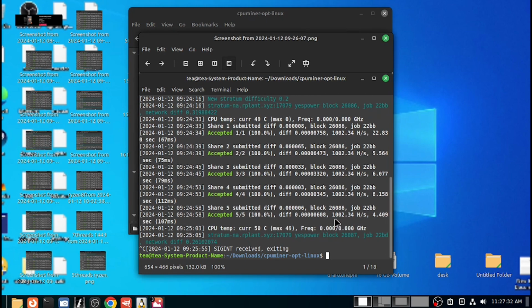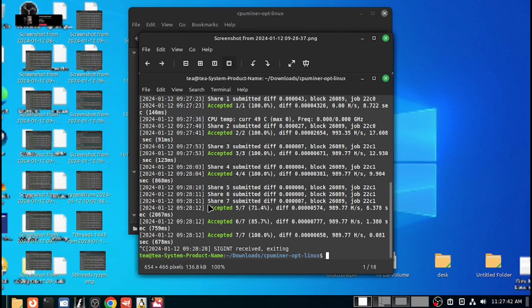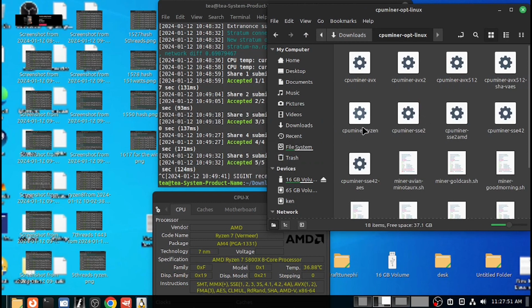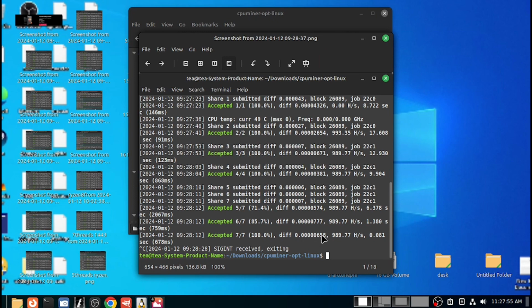Here's number 3. It only went up to 1002. Test number 4, which is supposed to be for Ryzen. This is actually using this one right here. I'll go back, and it only got up to 989 hash.